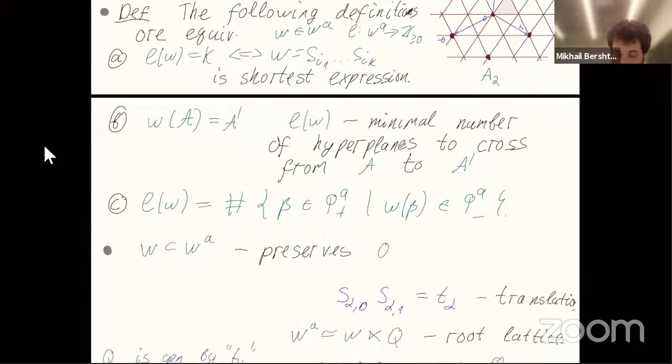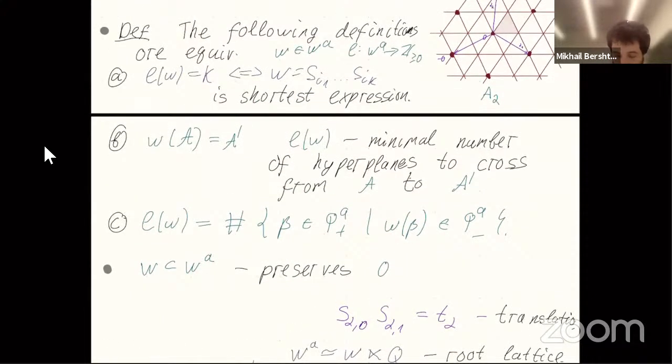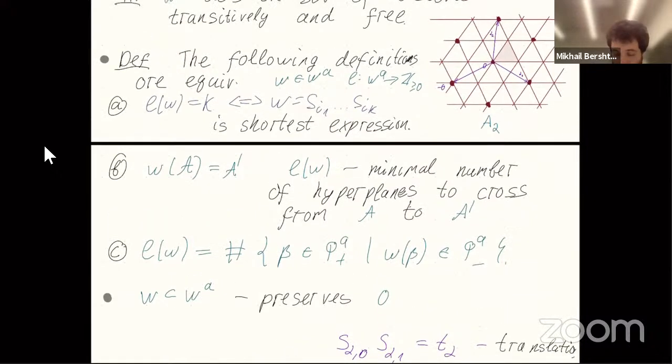I claim that any other element can be written as an element of the finite Weyl group and a translation. Indeed, any generator of the affine Weyl group is a reflection with respect to some line which is parallel to a reflection which belongs to W. So any element of the affine Weyl group is some affine transformation, but the linear part of it belongs to the finite Weyl group W. So any element is a composition of an element of the finite Weyl group and a translation.